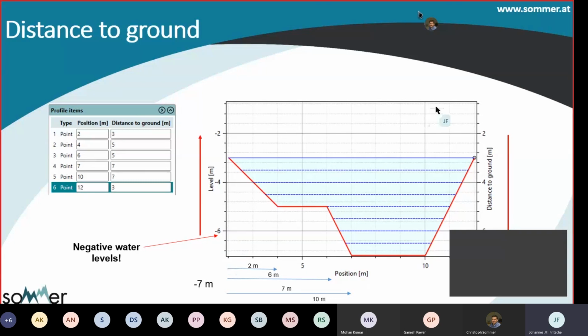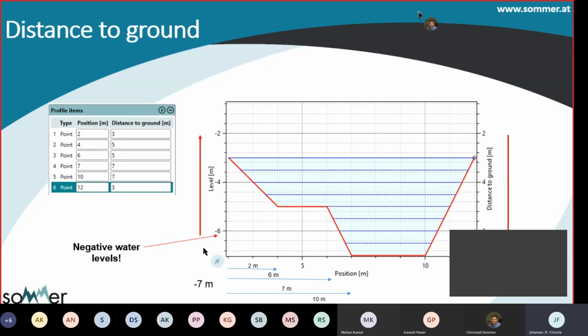That is because we have measured the distance to ground from the top downwards. So a level we measured for 7 meters down here would correspond to a water level of minus 7 meters. And actually, we don't want to have negative water levels. This is hard to communicate.